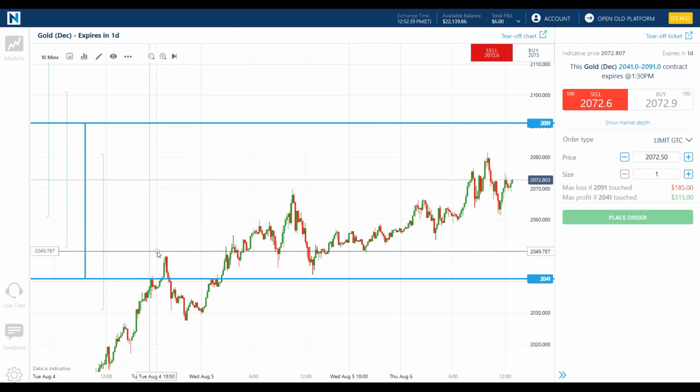For instance, if I thought that this were an important level where I see that at one point it had a little bit of resistance, and then it acted as some support, it's an approximate level. You can drop your own support and resistance levels on there where you see fit.